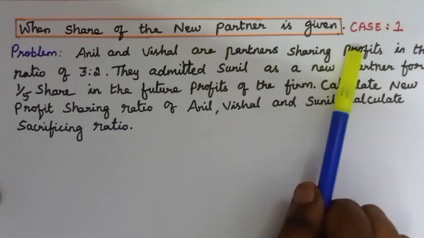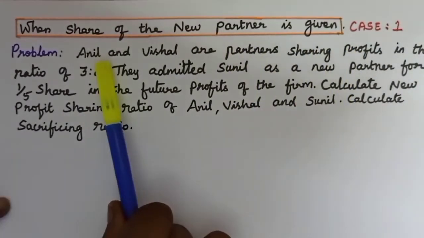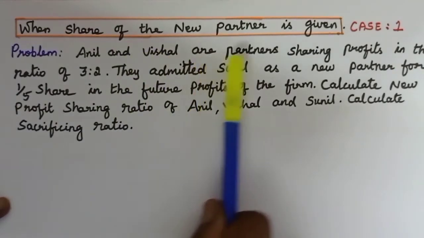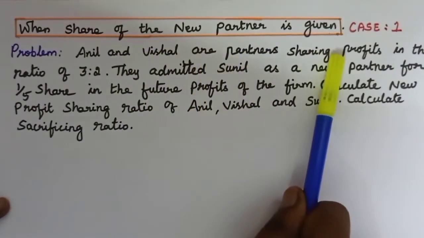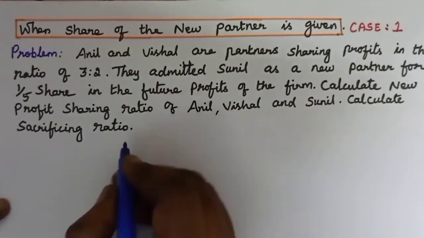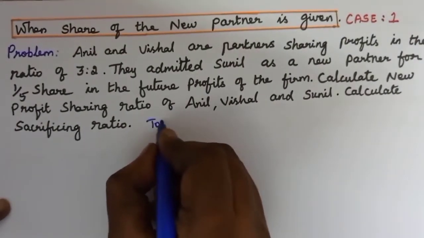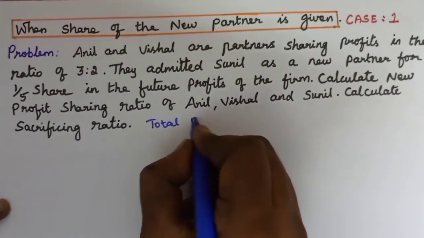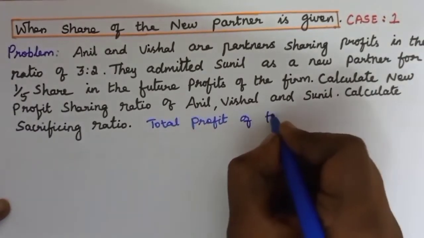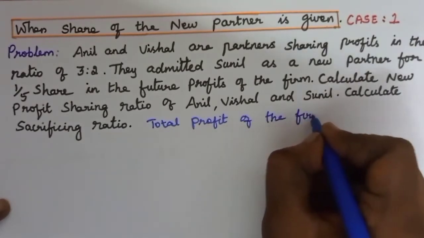This is the first situation. Let us see how to find out the new profit sharing ratio in this first situation. In this situation, we have to assume the total profit as 1. The total profit of the firm is 1.